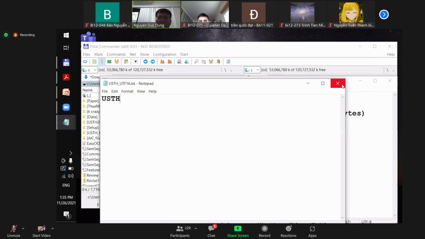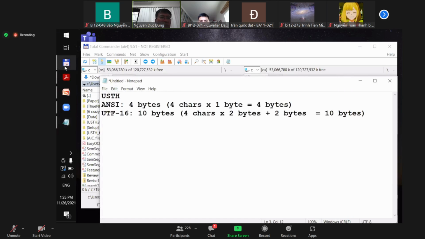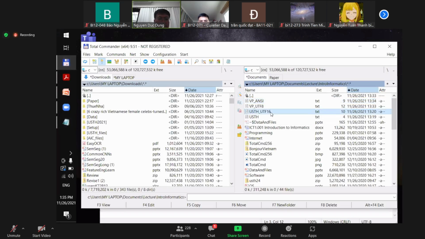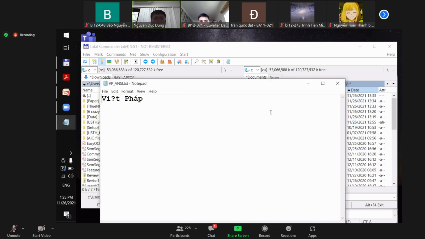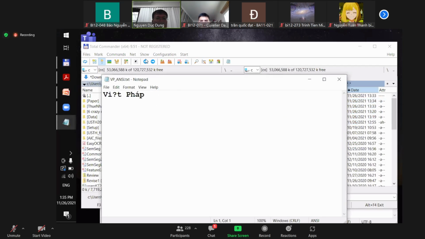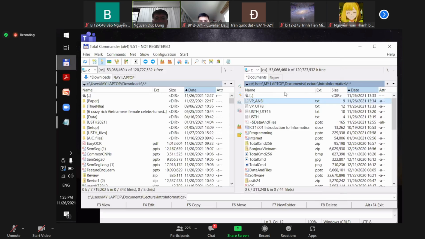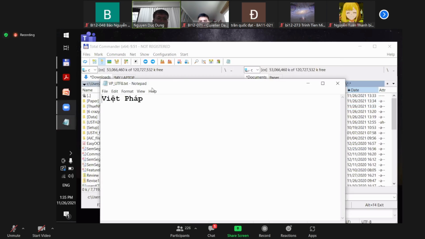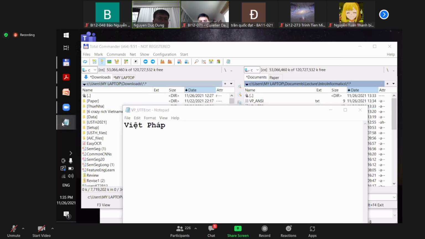Why? We know exactly the difference between the English documents and this one. This is the ANSI encoding. This is the UTF-8 encoding.